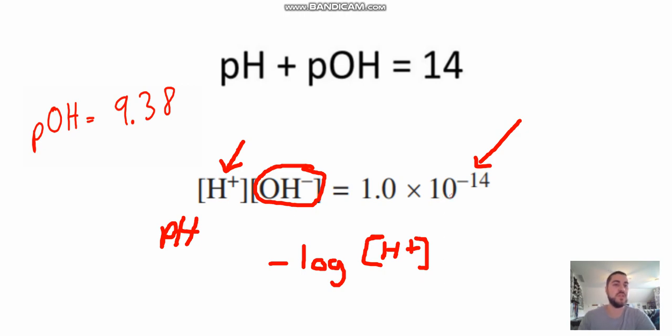So there are several steps to doing this properly. Just remember that you'll need to be able to utilize these equations. We've got pH plus pOH equals 14. We've got H plus times OH minus equals 1.0 times 10 to the negative 14th.